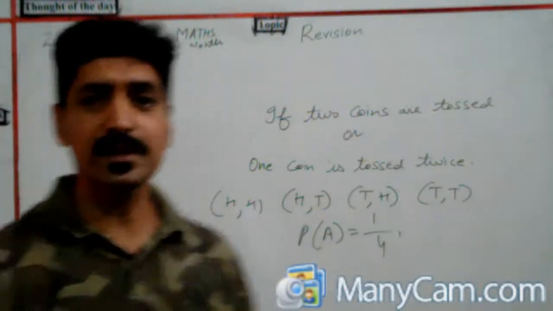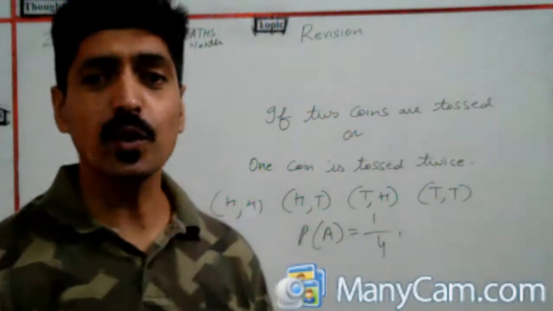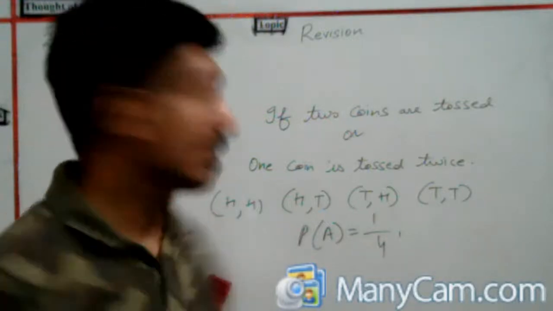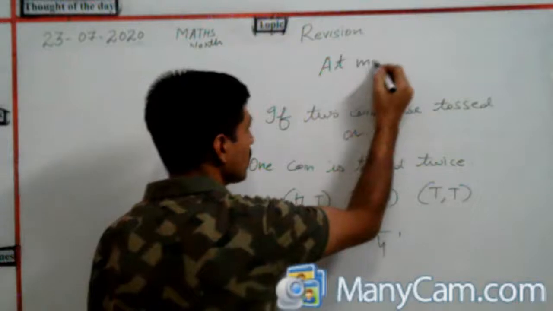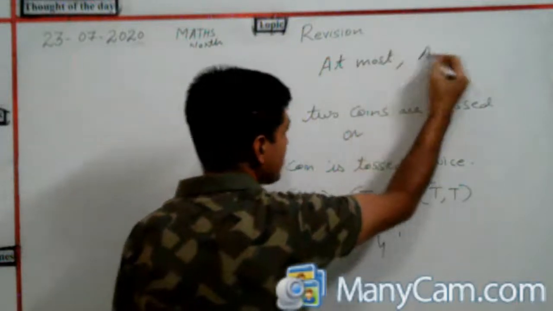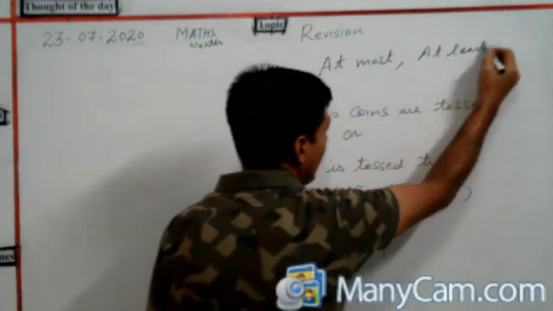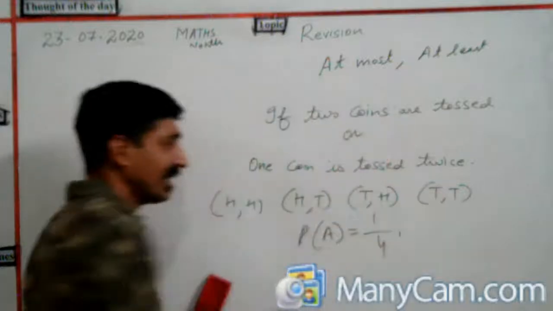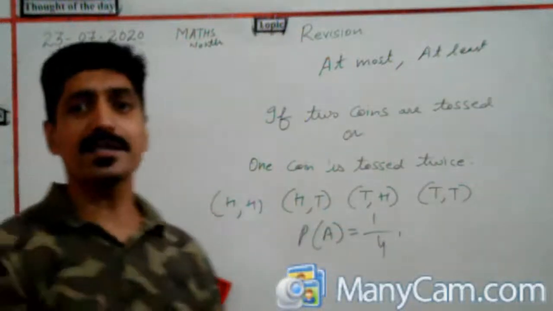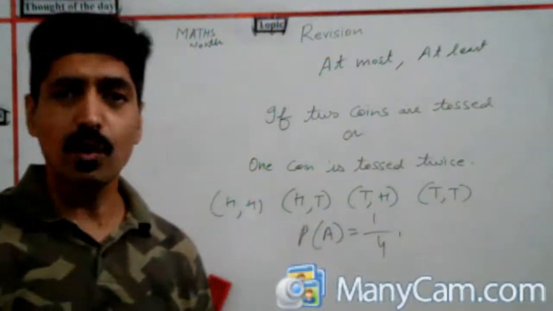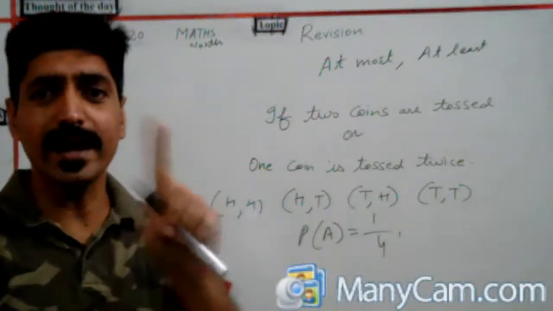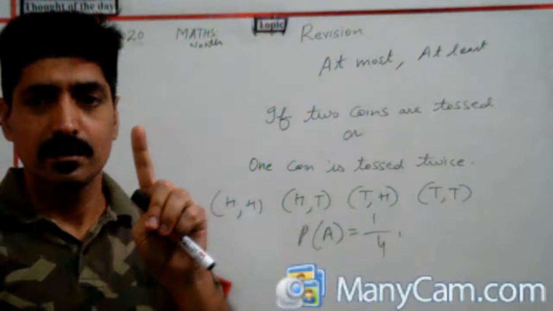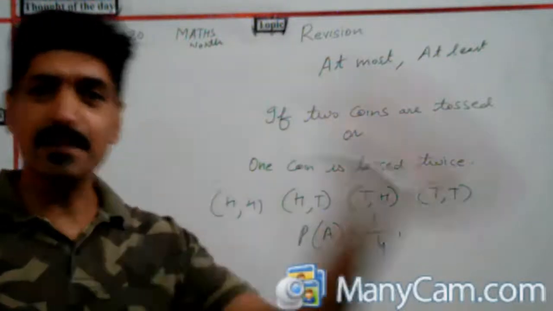Sometimes the words at most, at least are used. These are the particular words used: one is at most, the other is at least. So if I am asking what is the probability that at least one head comes, now the condition is only on one head. Okay, maximum it can be.